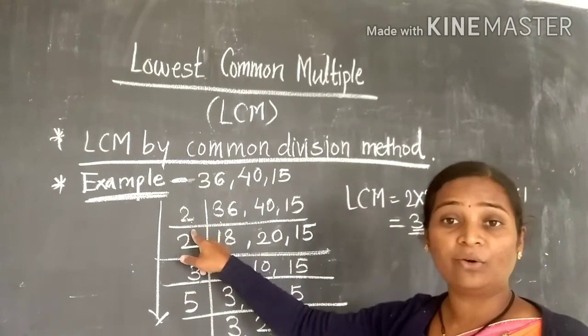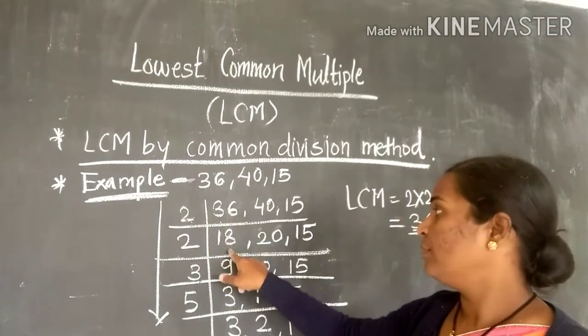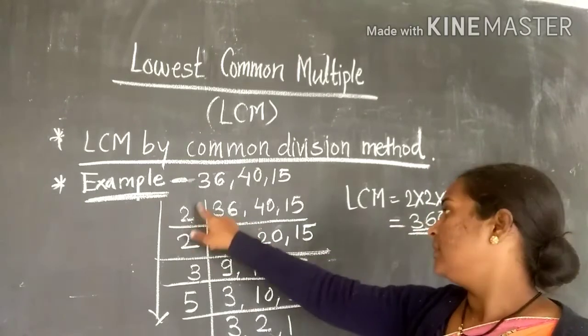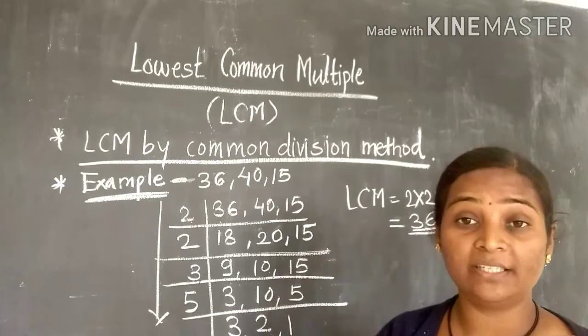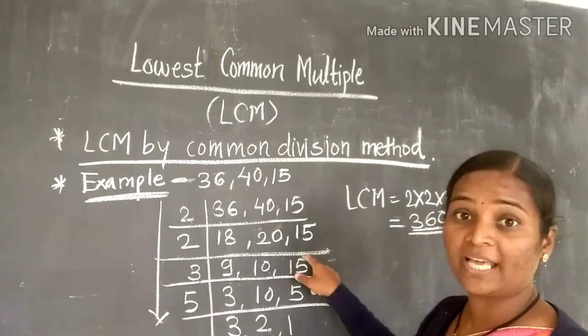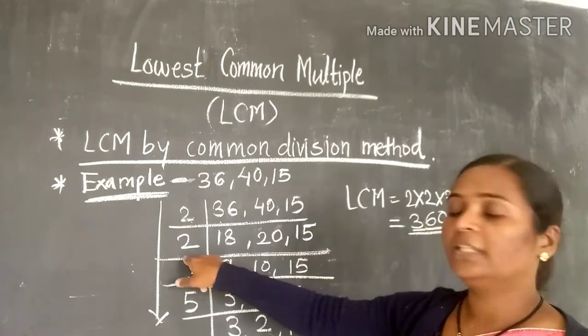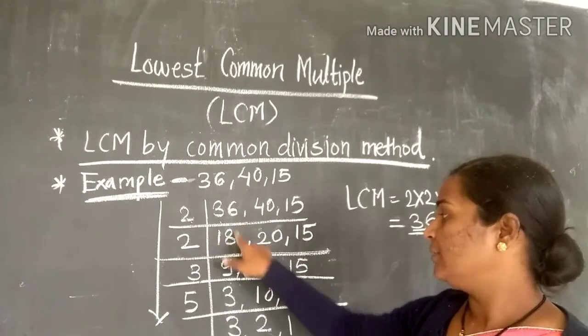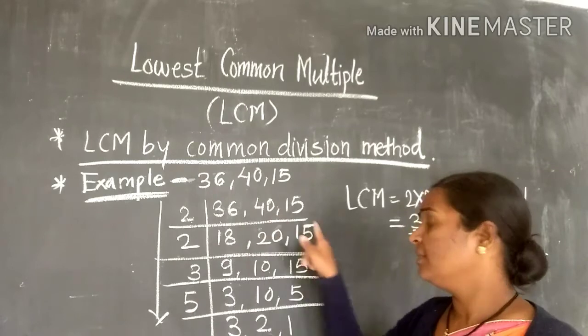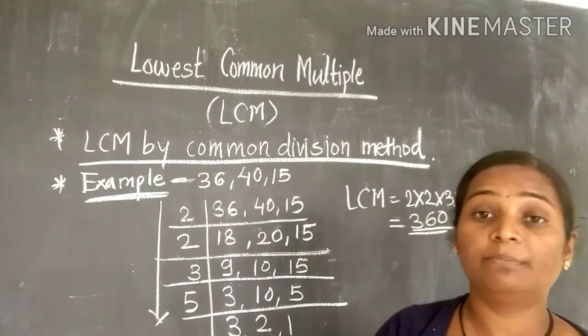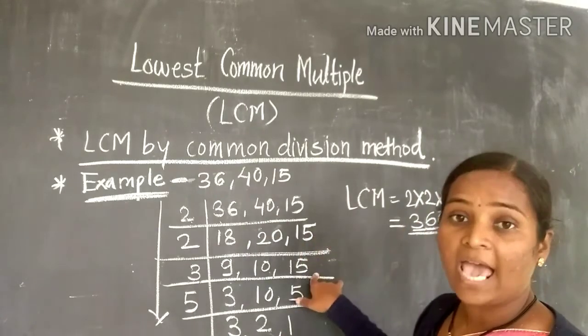Here I have taken 2. So 2 8s are 16, then 2 20s are 40. 15 could not be divisible, so I have written 15 as it is below. After that I have taken 2, then 2 9s are 18, 2 10s are 20, but 15 again is not divided by 2, so I have kept it as it is.